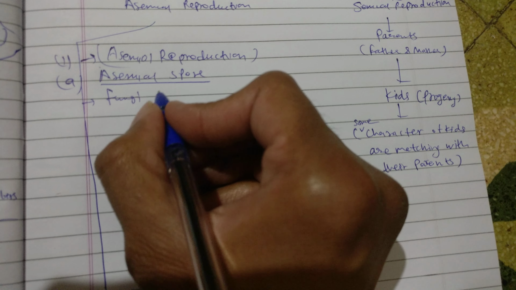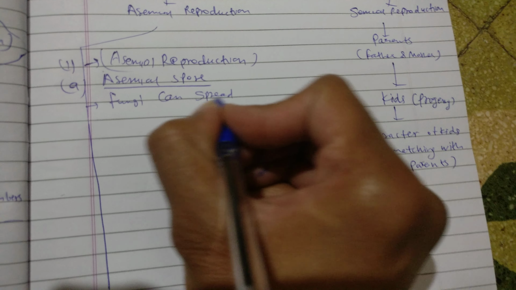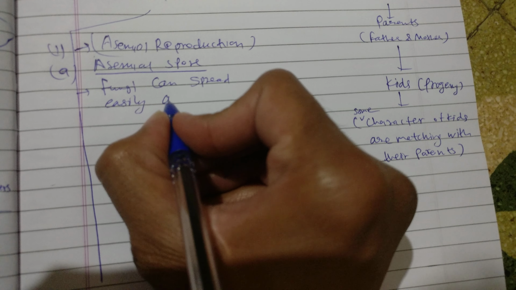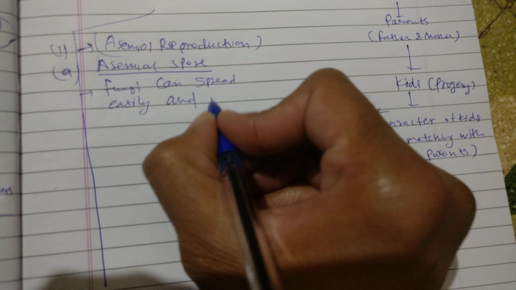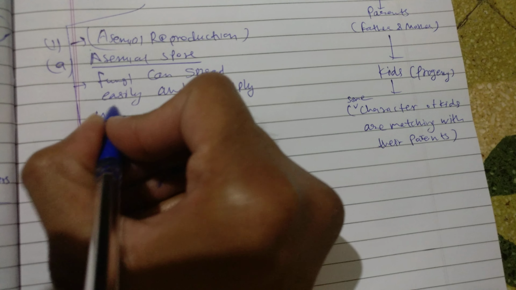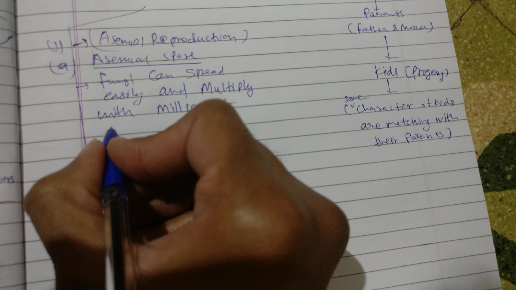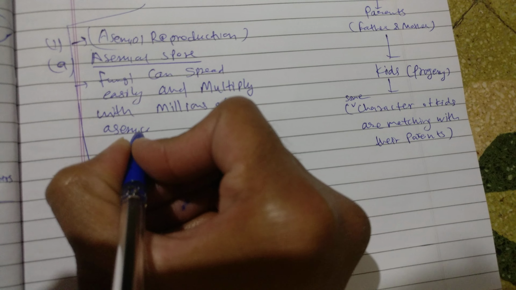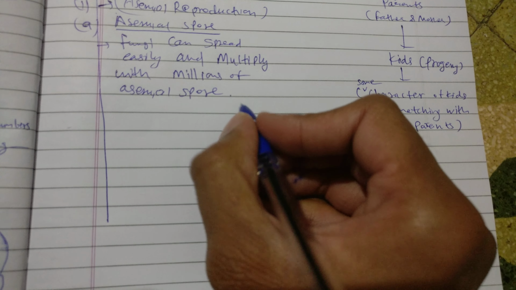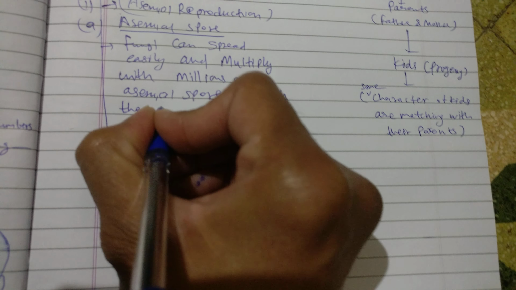Fungi can spread easily and multiply with millions of asexual spores which they produce.